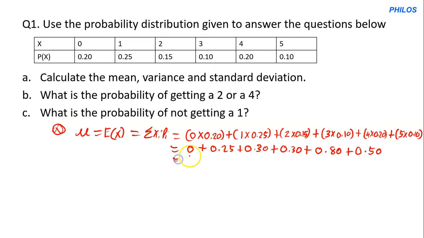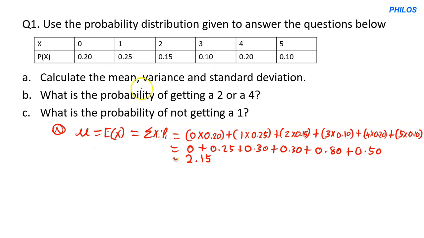So when we add them together, 0 plus 0.25 plus 0.3 plus 0.3 plus 0.8 plus 0.5, you get 2.15. So the mean is 2.15.